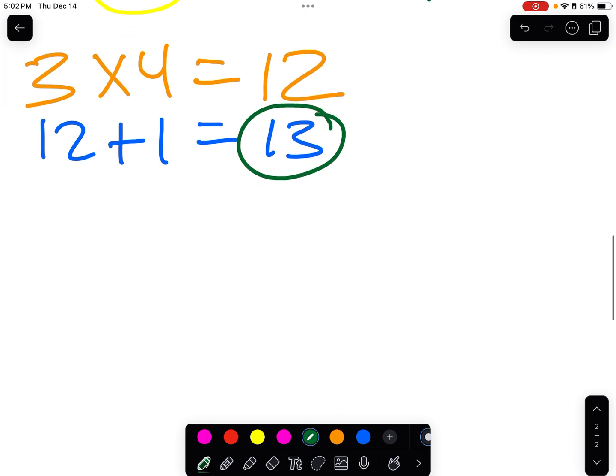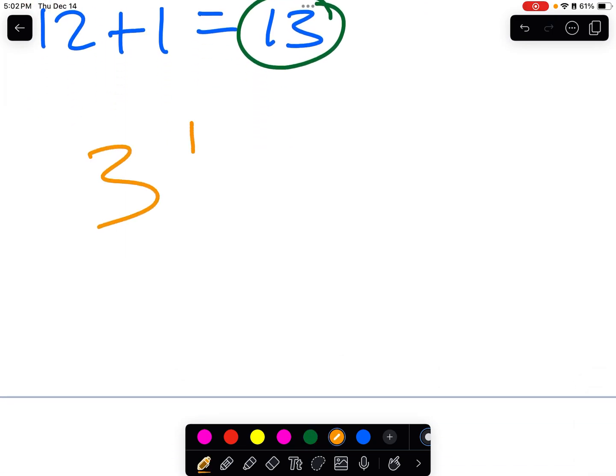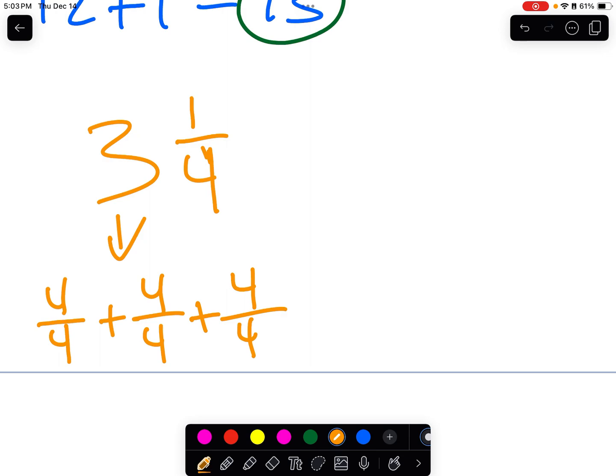I'm going to show you something here that they're probably going to start by showing you at school. Think about it like this too. When you have a whole number of 3, if you want to convert 3 and you're dealing with the denominator 4, 3 is really 4/4 plus 4/4 plus 4/4.